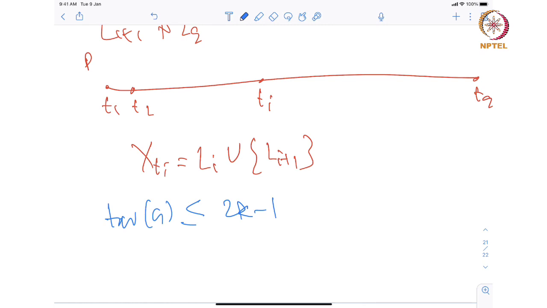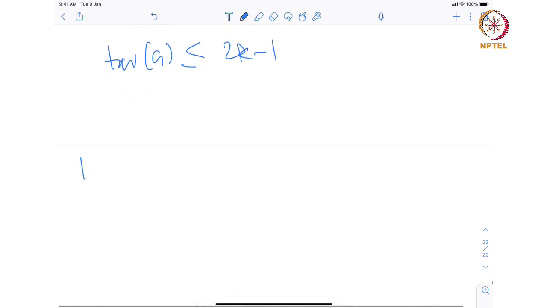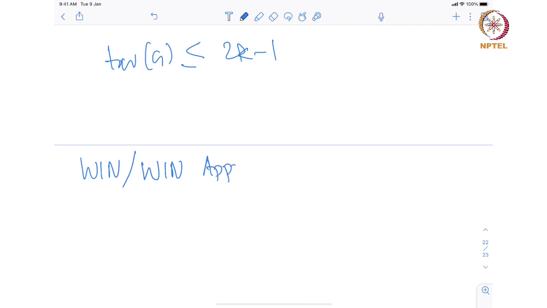Okay. And again, if we had a dynamic programming algorithm for graphs of bounded tree width, then we can exploit the structure that we have got on the input graph to design an FPT algorithm. So, this approach is what is called the win-win approach. Why?